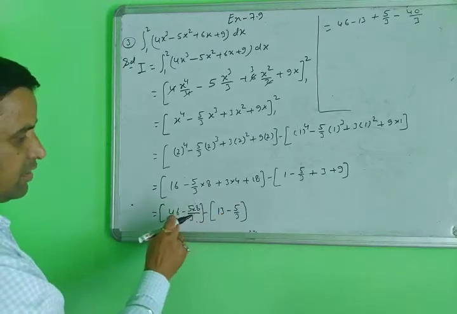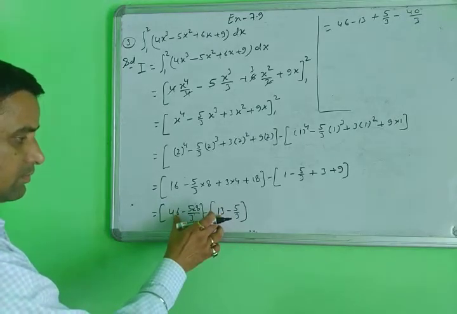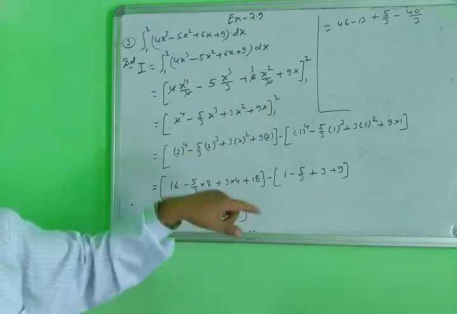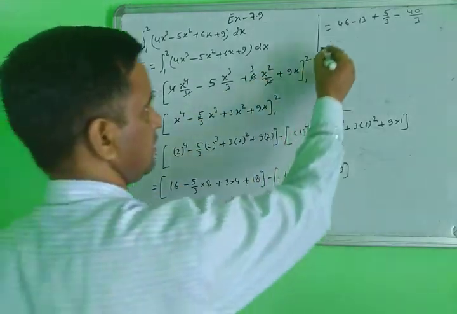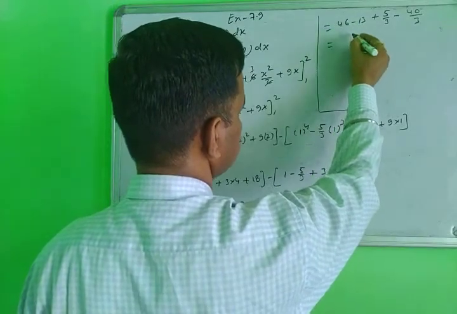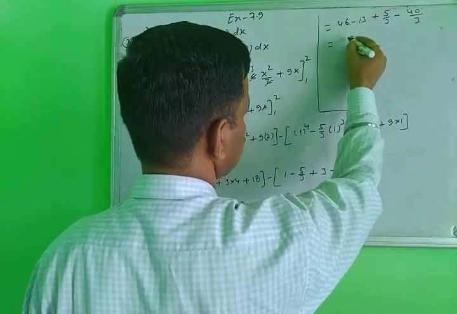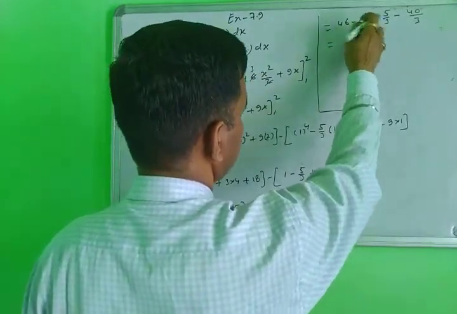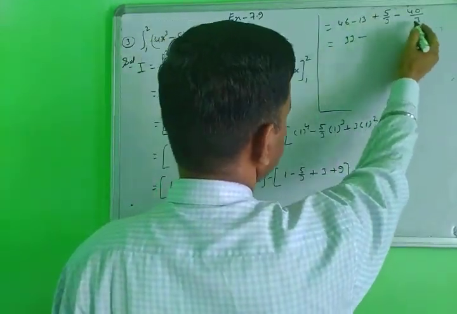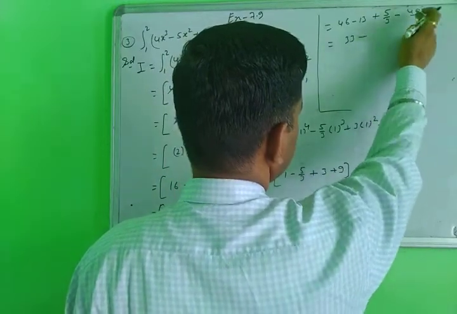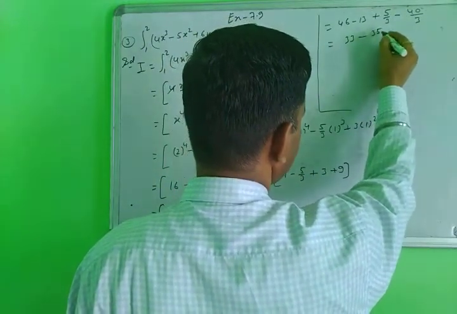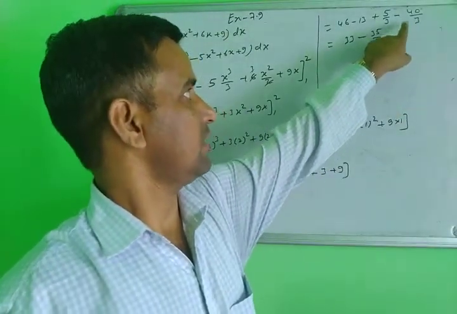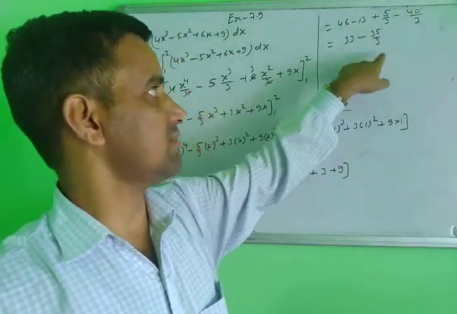Positive and this, the integer number taking one side and the fraction number taking the other side. Then what will come: 46 minus 13 is 33, and minus 5 by 3 plus 40 by 3. Taking LCM, the same, so 40 minus 5 is 35 by 3, because both are like forms.